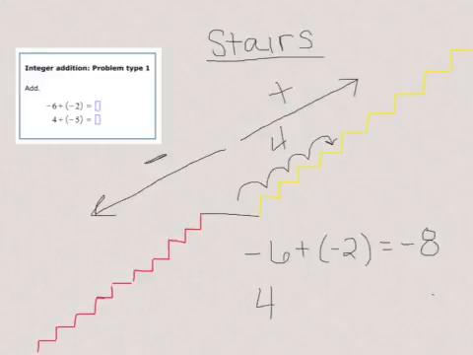And then the problem tells us that we're going to have to go down 5 steps. The reason it's down is because it's a negative number. And so we go down 1, 2, 3, 4.